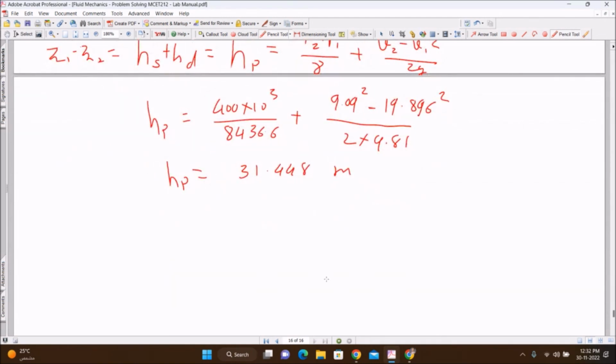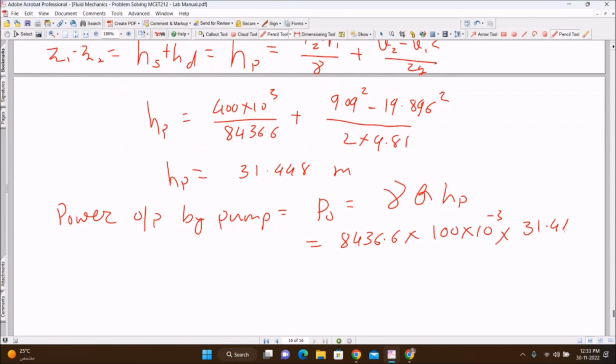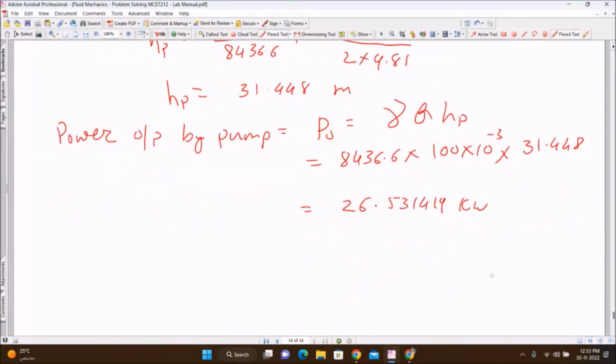So once we know HP, we can find the power developed by the pump. The power output by the pump is PO equal to gamma Q HP. As we know the output and the input, you can find the pump efficiency.